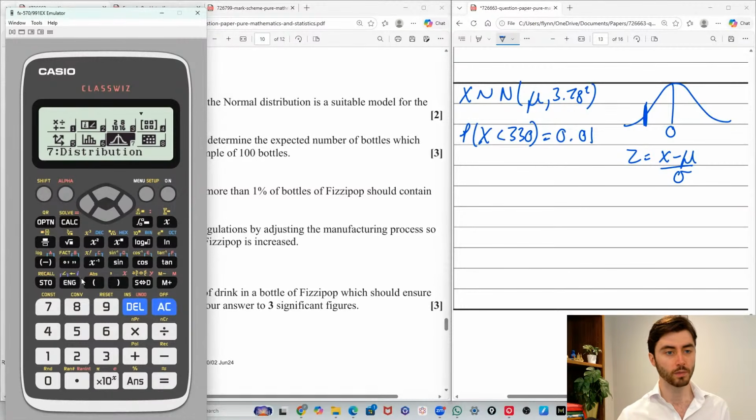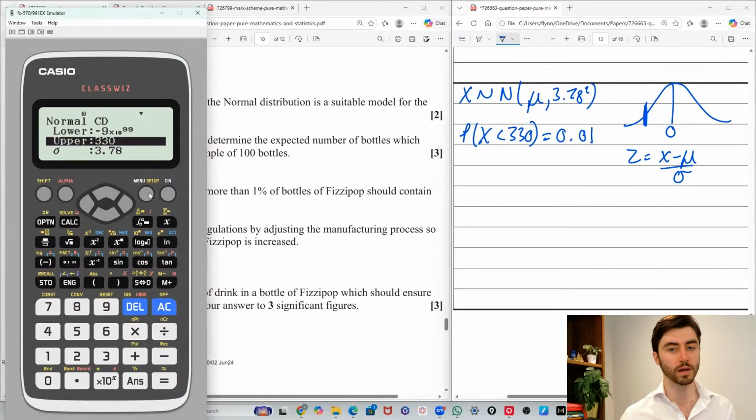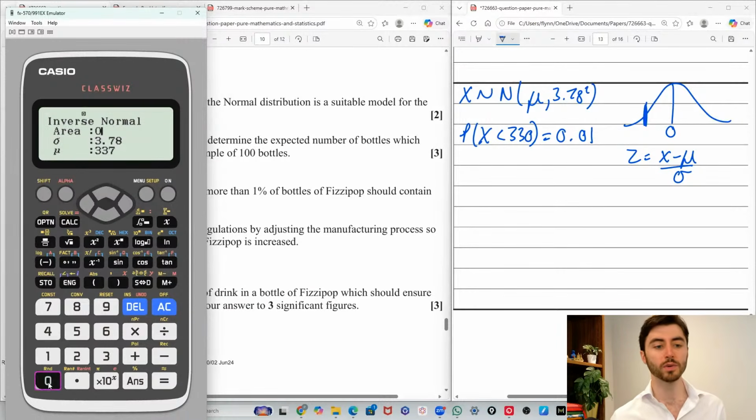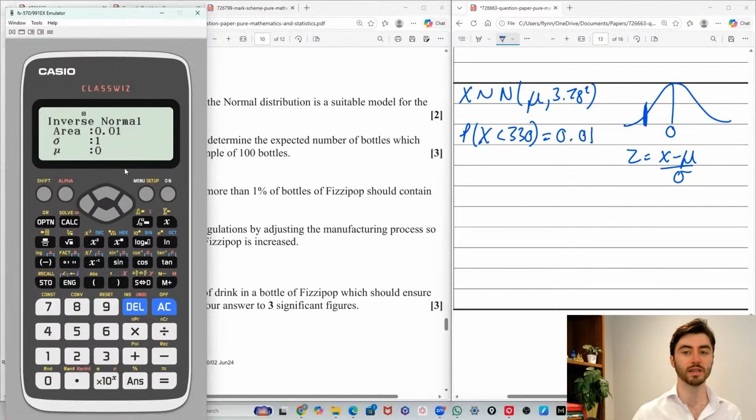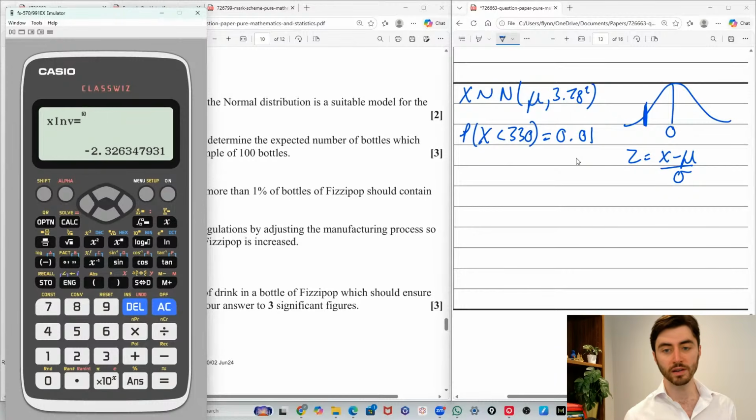No, sorry, that's not what I want to do. I want to do inverse normal. I want the area to the left to be 0.01, on a standard normal with a standard deviation of 1 and a mean of 0. So that gives me a z value.